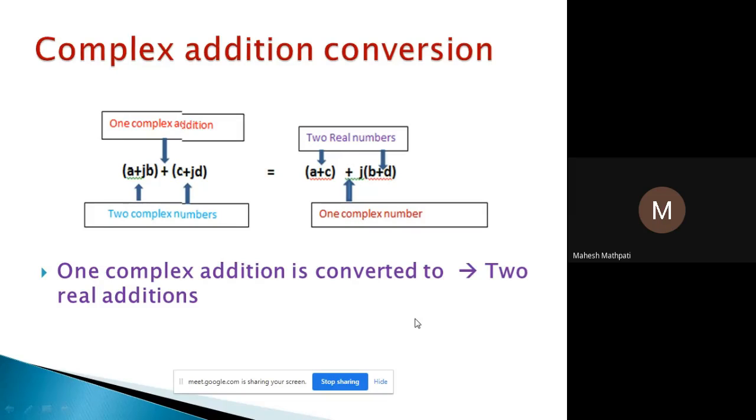How many real additions? It is 2 into N minus 1 real additions, because for one complex addition we require two real additions, right? So you just write, which equals 2 into N minus 1 real additions.